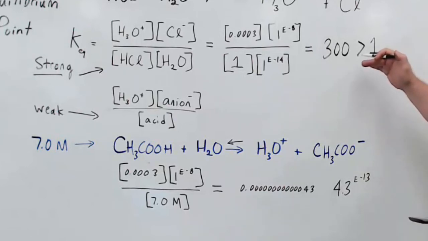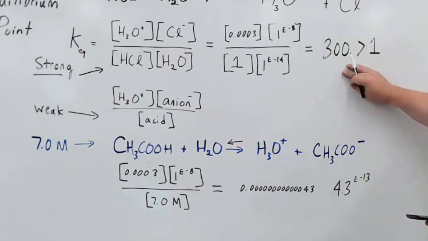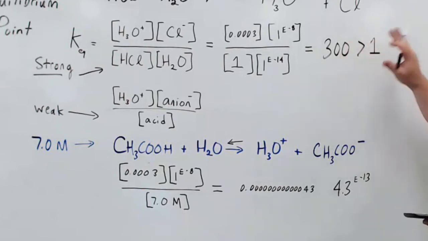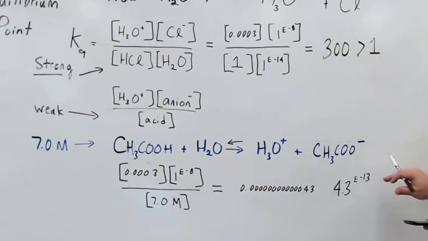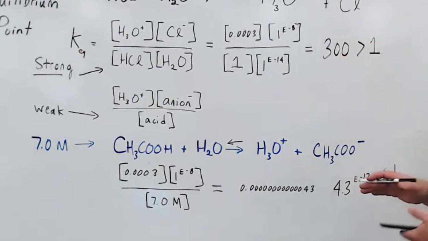Okay? So strong acid, equilibrium constant greater than 1, very likely to completely ionize. Weak acid, a constant less than 1, often much less than 1. And so very unlikely to completely ionize and will probably be part of a complex system that will be interacting back and forth.